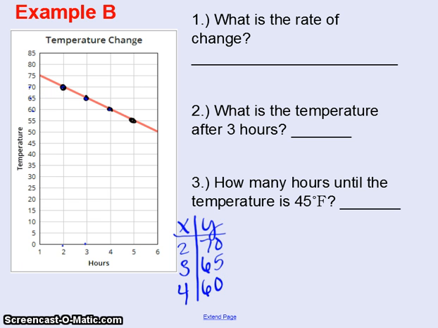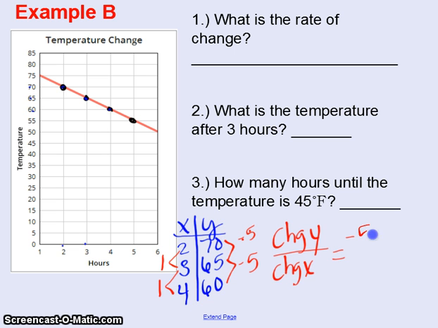Okay, so let's look at what it's changing by. This time it's dropping by 5 on my Y, and then I'm going per hour. So again, change in Y over change in X. My Y is changing by 5, and it's going down, so I gotta put the negative. And then per, let's see here, that's hours.